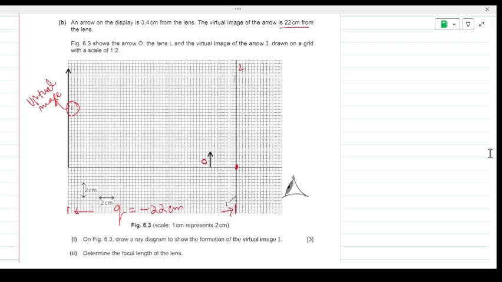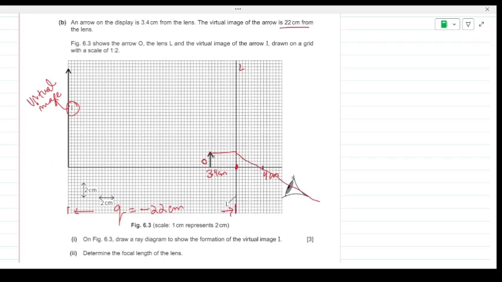The object distance is 3.4 centimeter as shown in the question, so the focal length must be greater than 3.4 centimeter in order to get the image. So we can say the focal length is approximately 4 centimeter. One ray passes through the focal point.